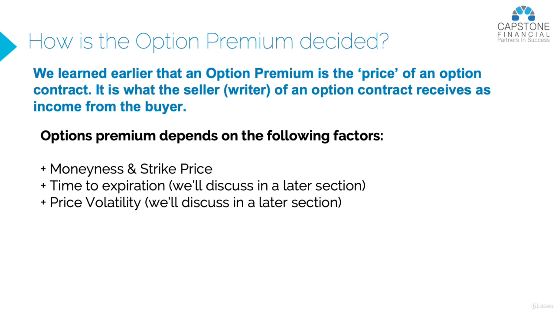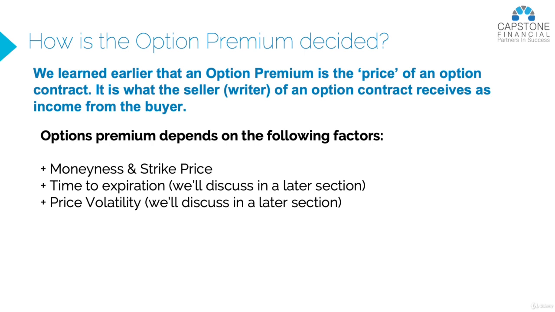Time to expiration. This is super important. It's one of the main things you need to understand when it comes to purchasing a call option or purchasing a put option, selling a call option or selling a put option. Let's break this down into the most simple form that we can possibly break it down to.